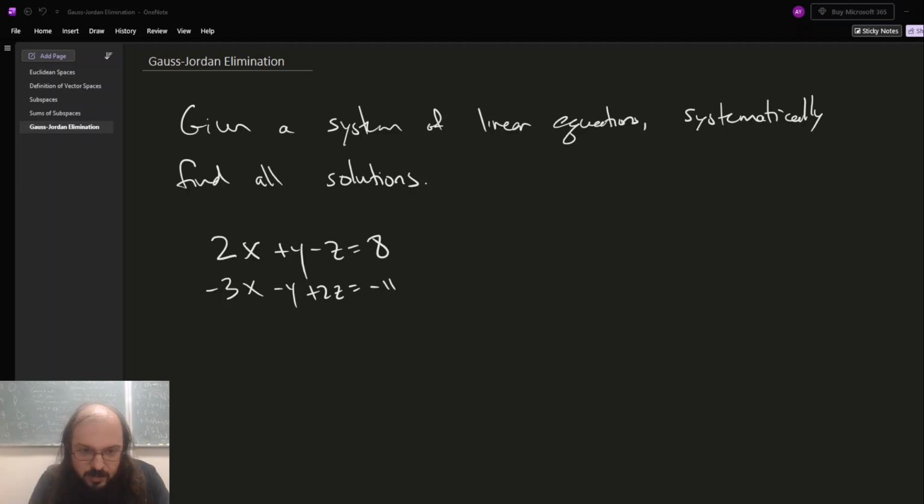And then lastly, minus 2x plus y plus 2z equals minus 3. So here's the system of equations that we're starting with.